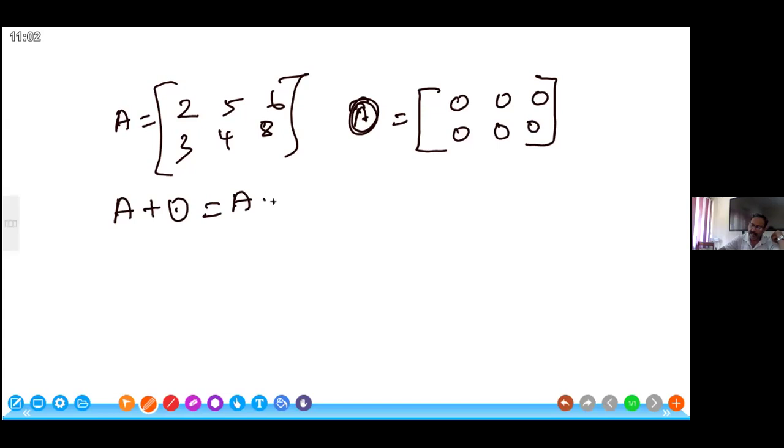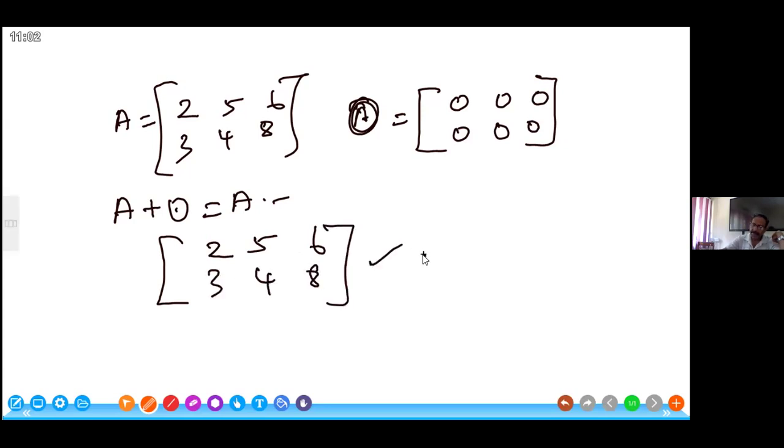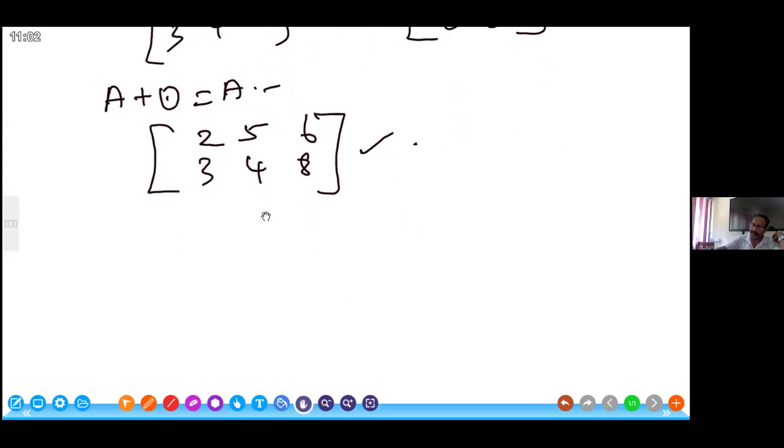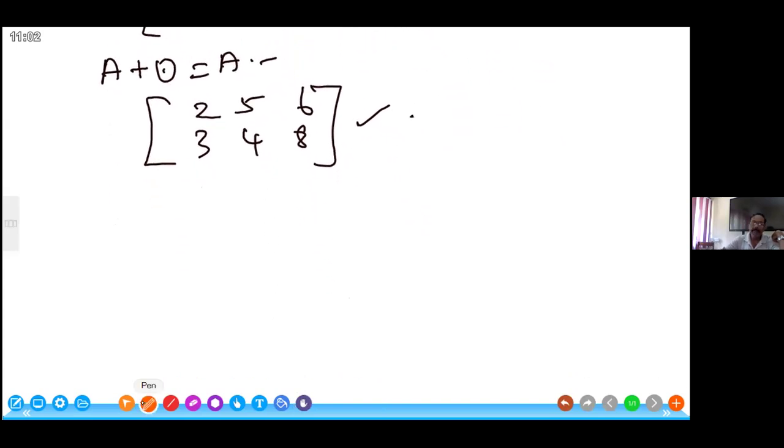This will give the A matrix. So that is about the zero matrix or the null matrix.